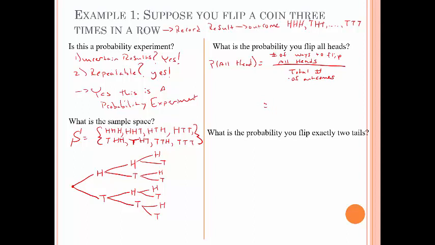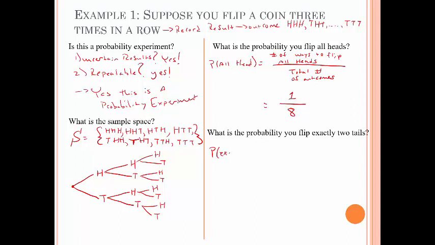How many ways can you flip all heads? Look in our sample space: H, H, H. That's the only way you can get all heads. So it's 1, and the total number of elements in the sample space is 8. So it's 1 out of 8.